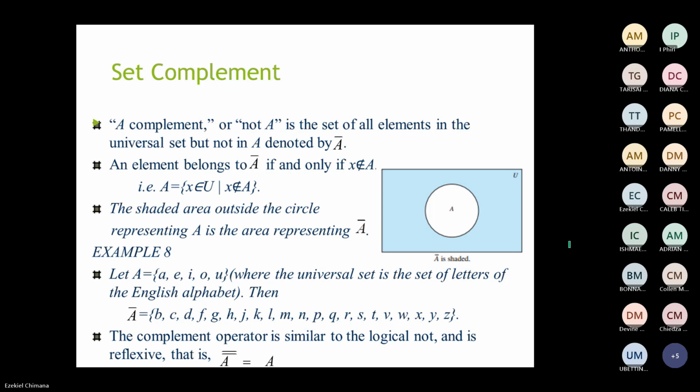That is, the complement of the complement of A is equal to A. If you take the complement of a complement of A, you are going to get A.